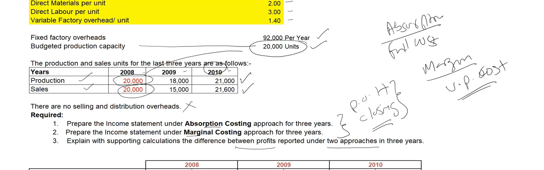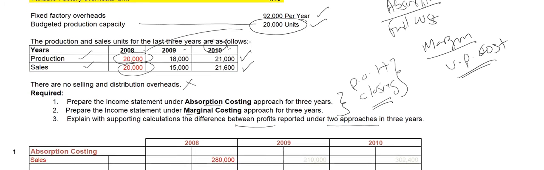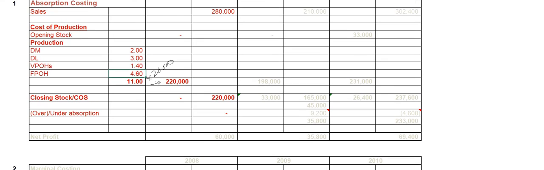So therefore the full cost has been absorbed under production overhead cost. Since 20,000 production capacity and produced also 20,000, the full production overhead cost has been absorbed here in the production overhead cost. So therefore there is no over under absorption.